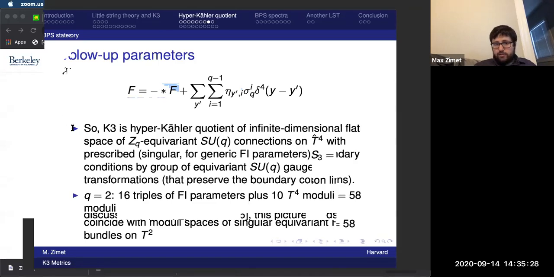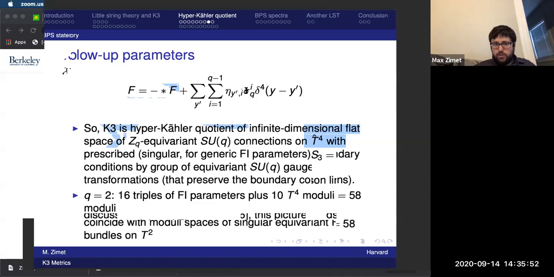But again, this is just some hyper-Kahler quotient of some infinite dimensional flat space, which is parameterized by the Fourier components of the connection, by the group of ZQ equivariant SUQ gauge transformations which preserve these singular boundary conditions.